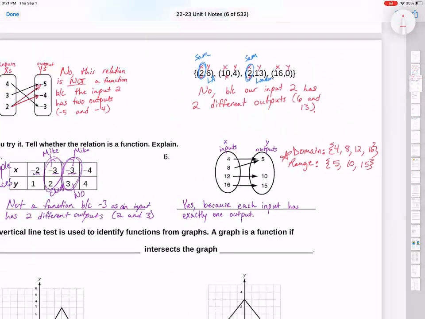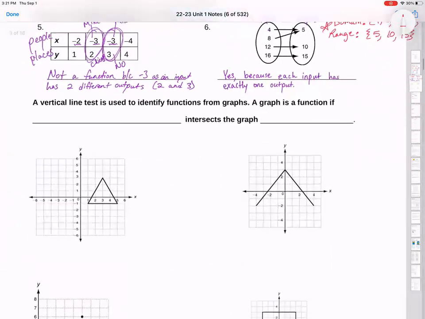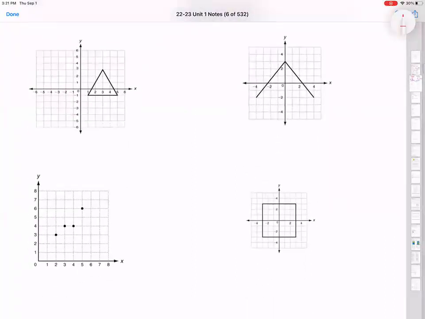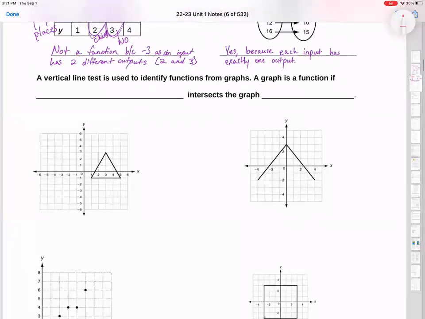All right. Next up, we have what's called the vertical line test. The vertical line test is a super, crazy fast way to answer whether a graph is a function or not. It happens so fast. You could literally answer these 4 questions in about 2 seconds. A vertical line test is used to identify functions from graphs.